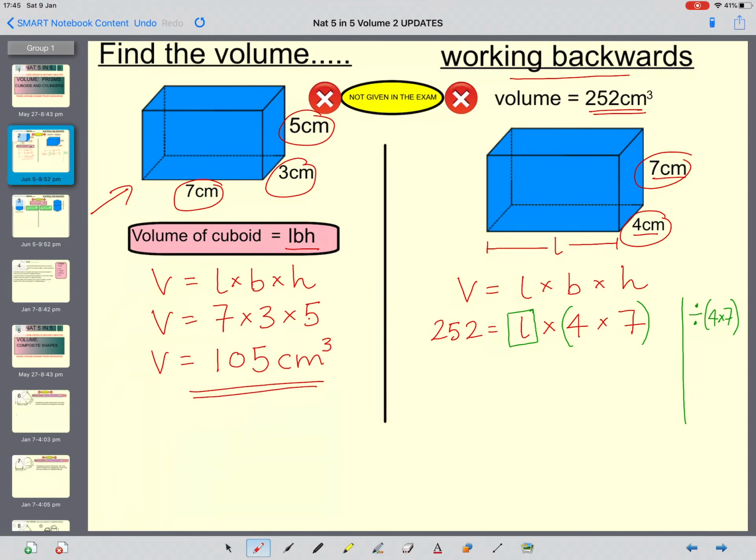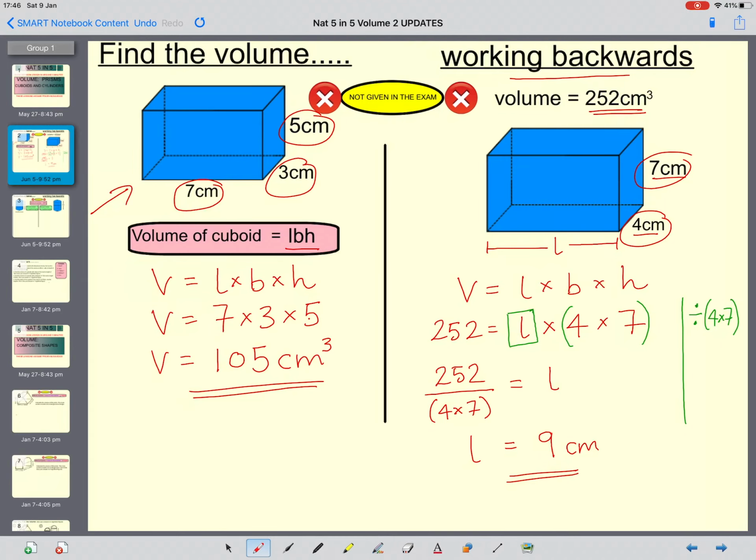So it becomes 252 divided by 4 multiplied by 7 equals L, and that's what you want to work out. You can work out what 4 multiplied by 7 is, or you can just do that in your calculator. 252 divided by 4 multiplied by 7, and your answer is 9. So the length is going to be 9, and because it's a length, it's in centimetres.